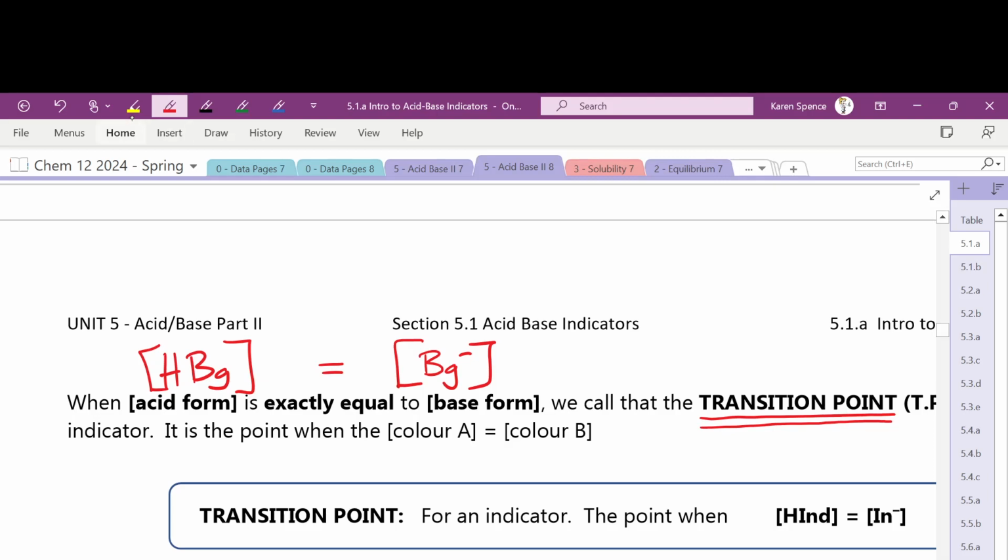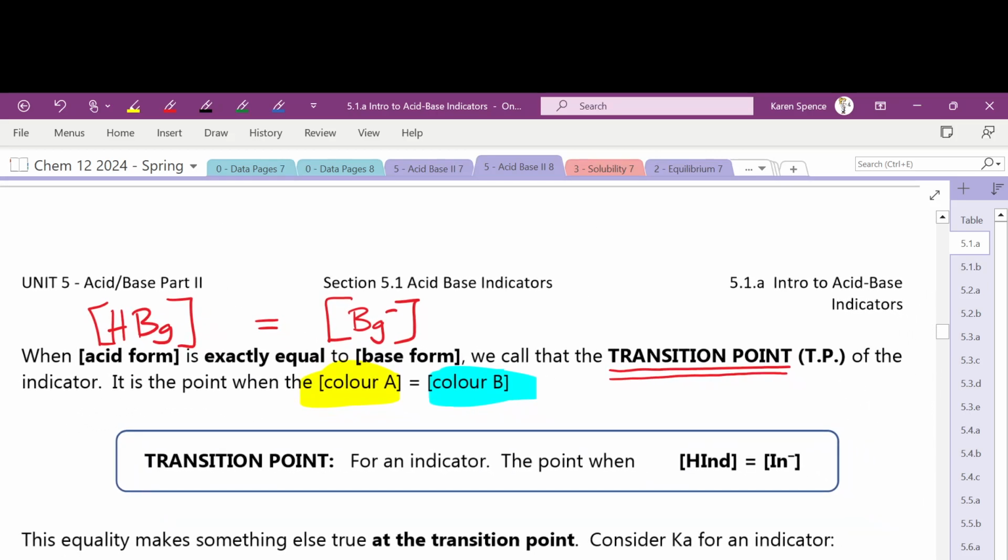It is the point when color A is equal to color B. So it is the point when HInd concentration is equal to Ind minus concentration, and that is the definition of the transition point.